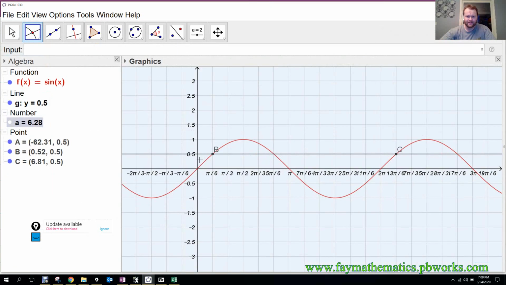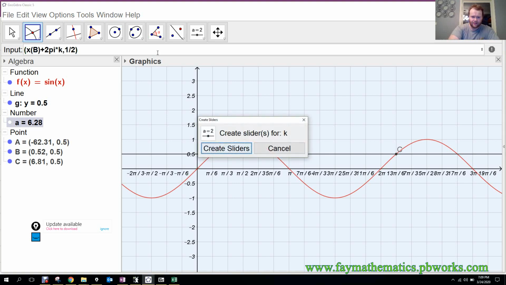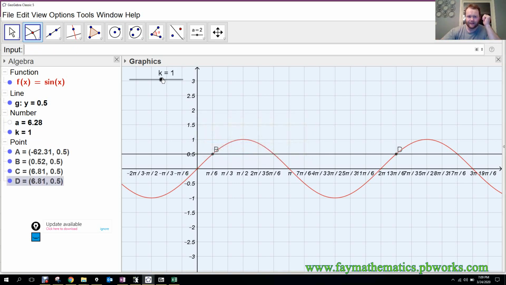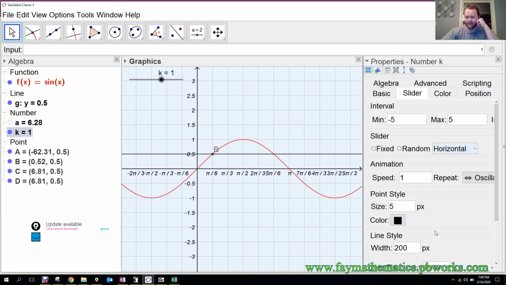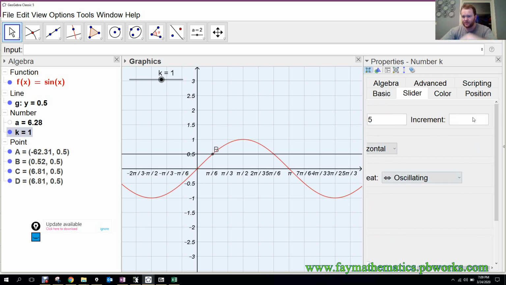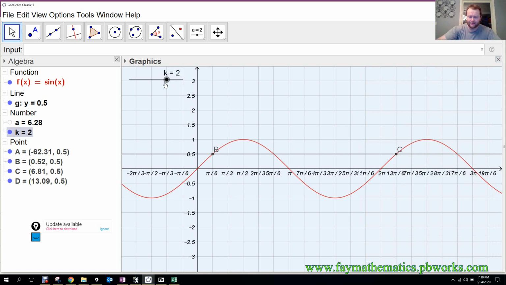So if we go back to this, if I say the x value of b plus 2 pi times k, comma 1/2, create a slider for k, and now I'm going to make that slider go by integers, so increments of 1.